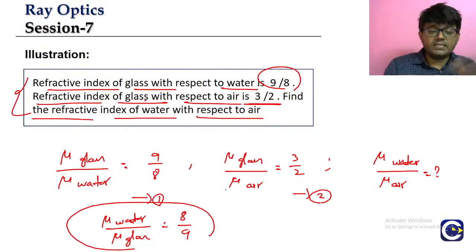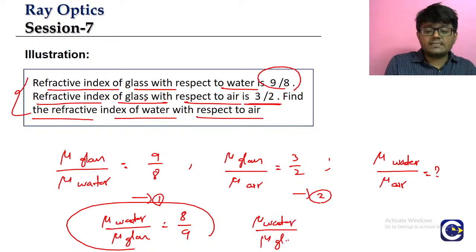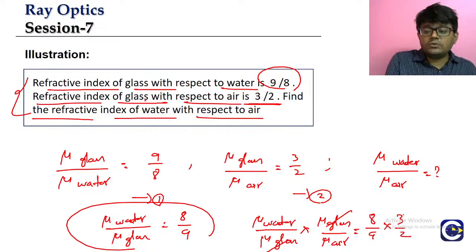We multiply this with the second expression. On the left-hand side we get mu water by mu glass into mu glass by mu air, so mu glass is cancelled. On the right-hand side we have 8/9 into 3/2. 3 ones are 3, 3 threes are 9... the answer is 4/3.